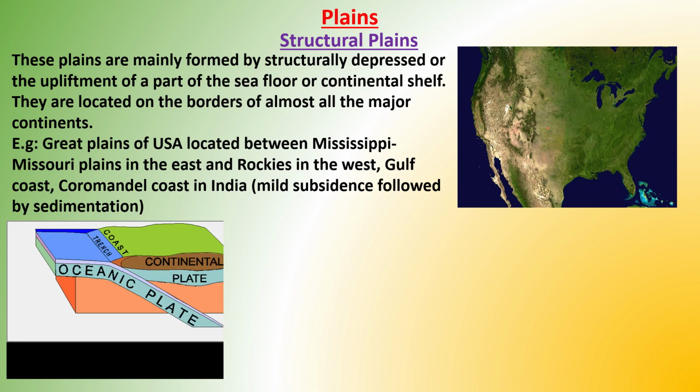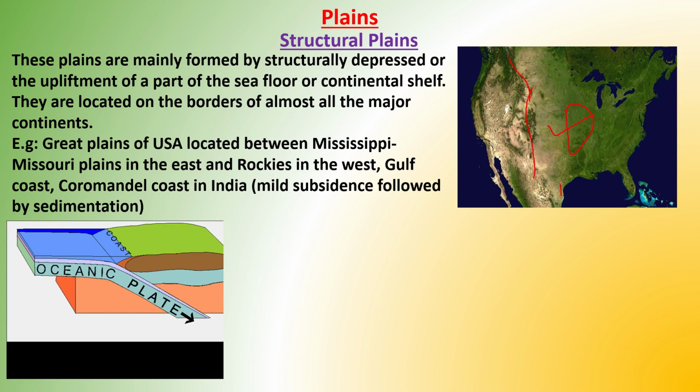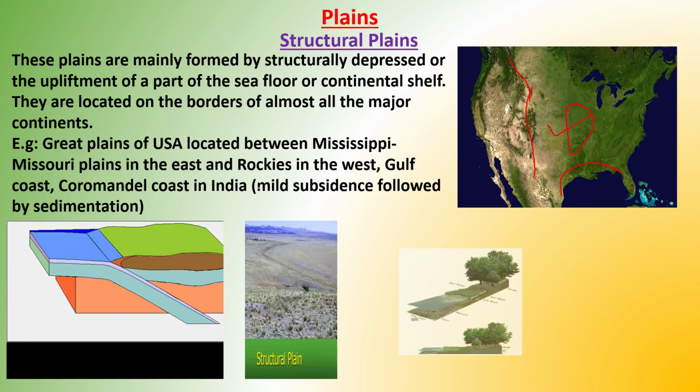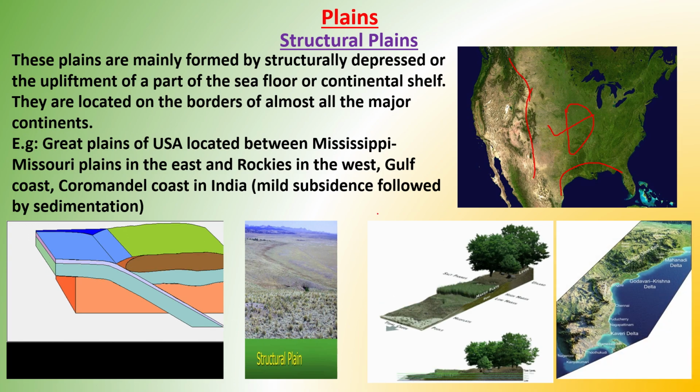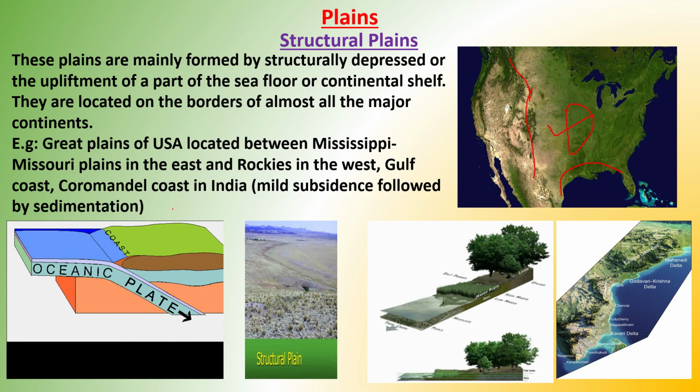Great Plains of USA located between Mississippi, Missouri Plains in the east and Rockies in the west. Gulf Coast, Coromandel Coast in India. It is mild subsidence followed by sedimentation.